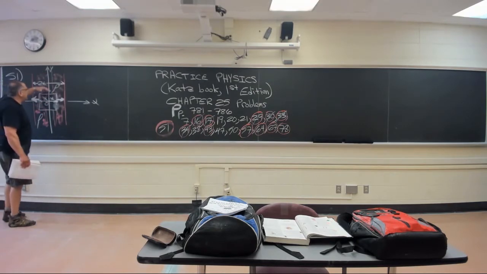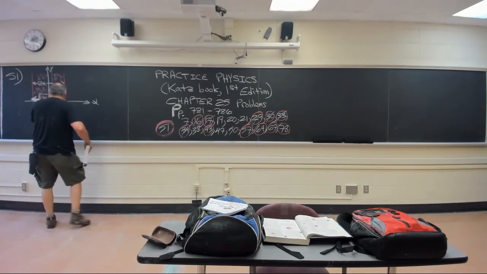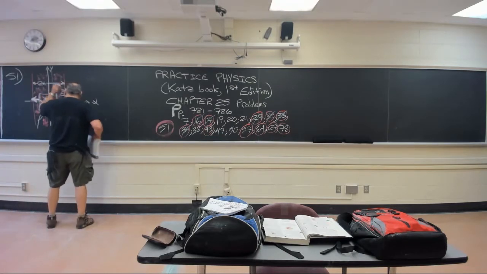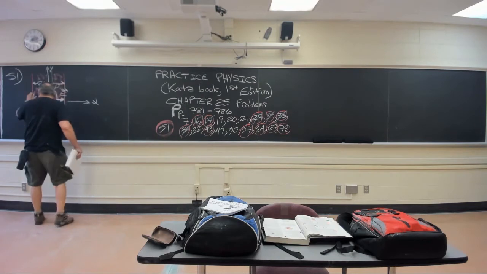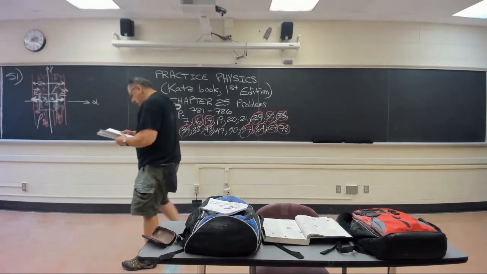It's not going to happen up here or here, but on the sides there is going to be a net E field this way. And we'll say that's some E vector, and the other one is some E vector too. Same E vector, just different direction. So maybe negative E vector would be a better way to say it.